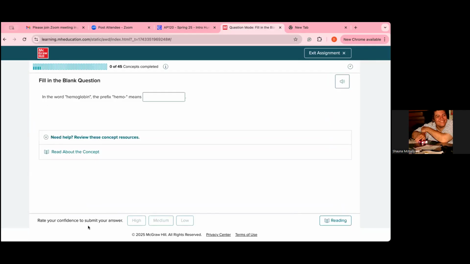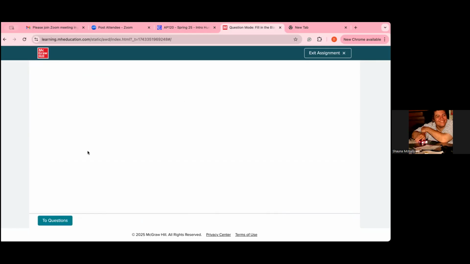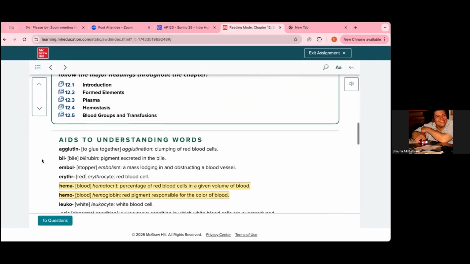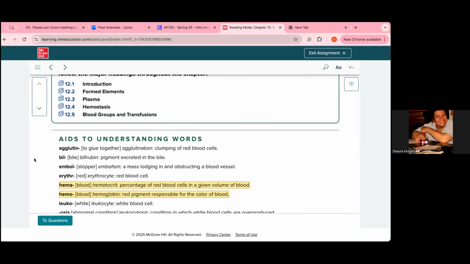In the word hemoglobin, the prefix hemo means, not sure. So it'll tell us in the brackets probably. Let's see. So hemo means blood, as in hemoglobin.